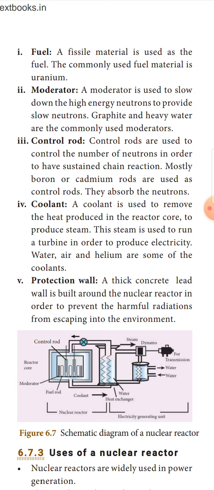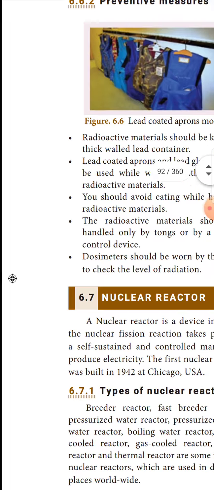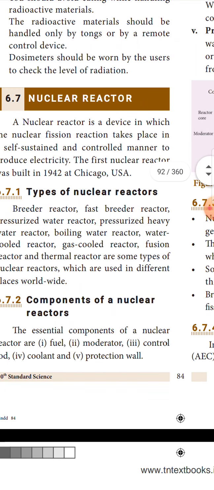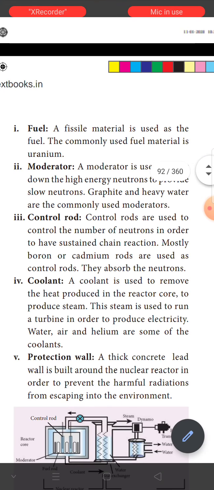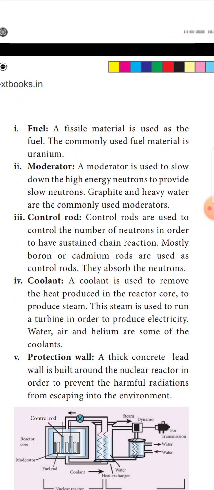So these are all the 5 important components of a nuclear reactor: fuel, moderator, control rod, coolant, protection wall. Fuel is a fissile material, and the commonly used one is uranium. A moderator slows down the high energy neutrons to provide slow neutrons. Graphite and heavy water are the commonly used moderators.